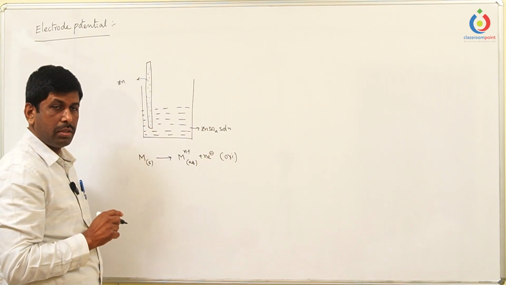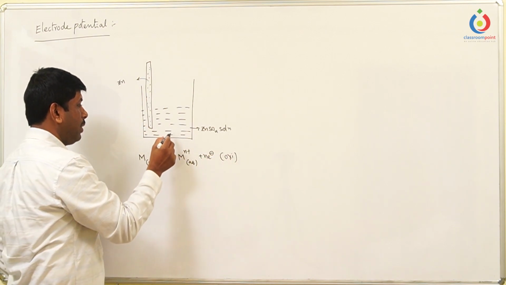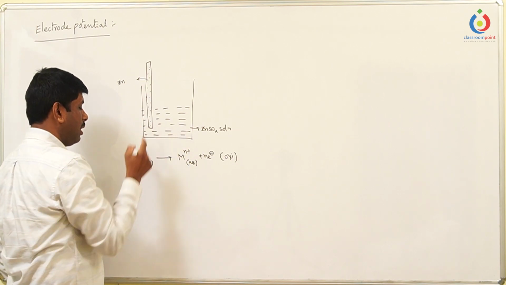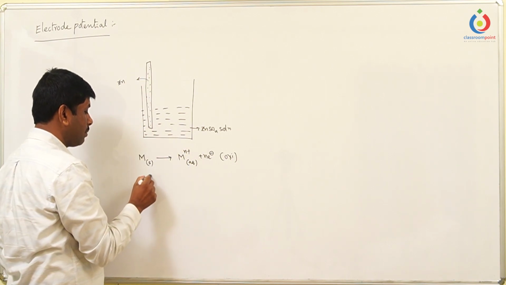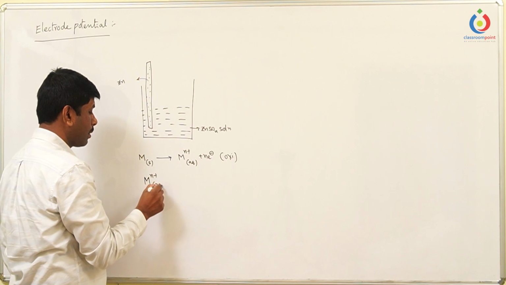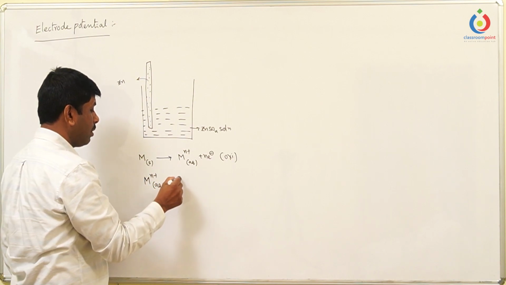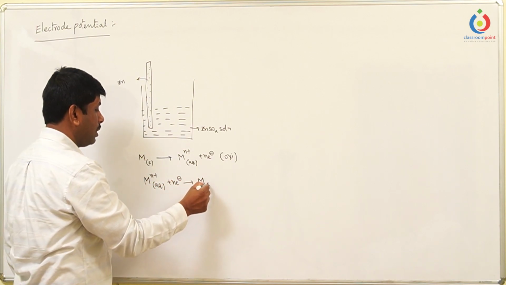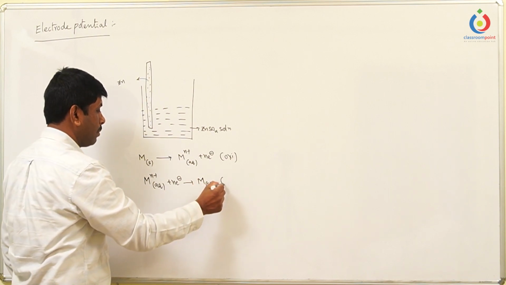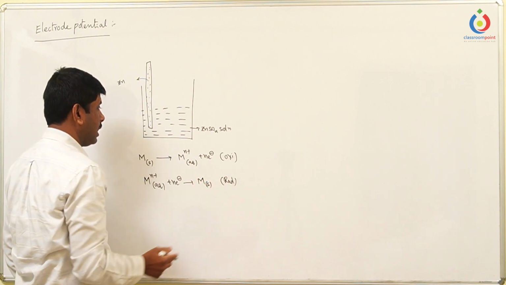There is also a chance of reducing the metallic ions. Whatever metallic ions are present in the solution may gain electrons and deposit as the metal, so that a reduction process can take place.